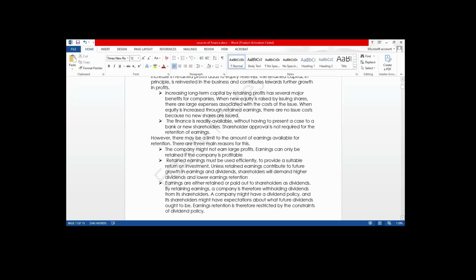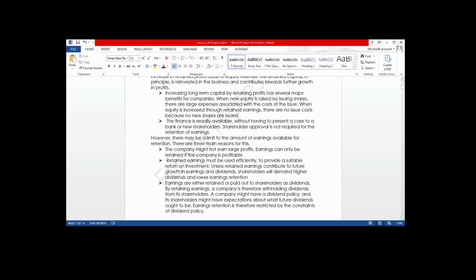Number 3 point. Earnings are either retained or paid out to shareholders as dividends.